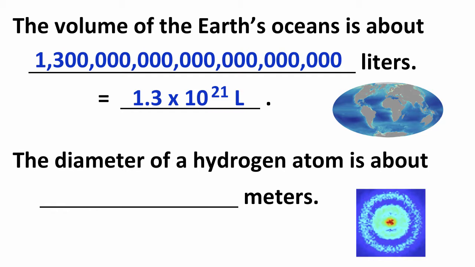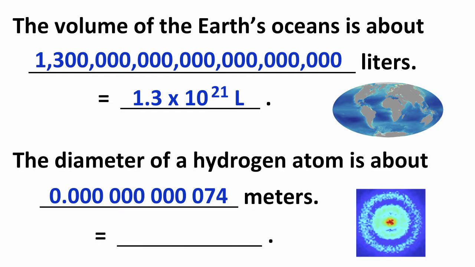And of course, we can use scientific notation for very, very small values, like the diameter of a hydrogen atom, which is about 0.0000000000074 meters. In scientific notation, this would be 7.4 times 10 to the negative 11th. We write the number between 1 and 10, 7.4, and then 10 to the appropriate power.